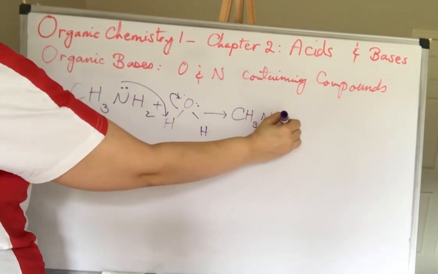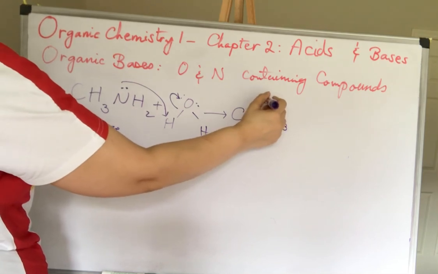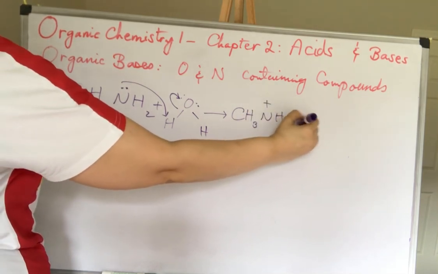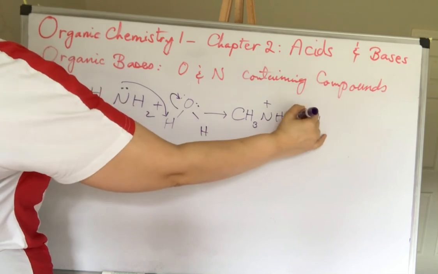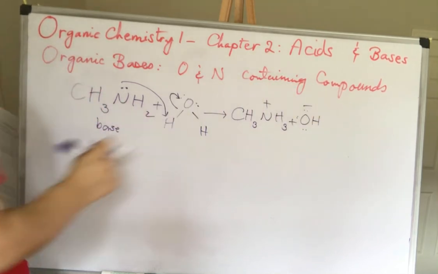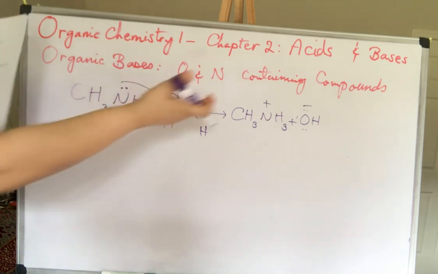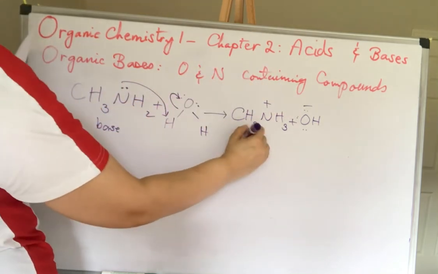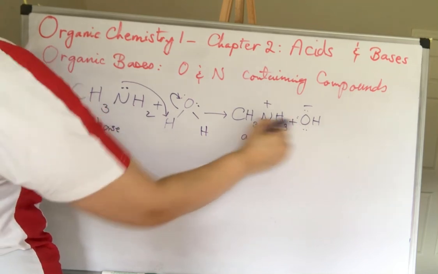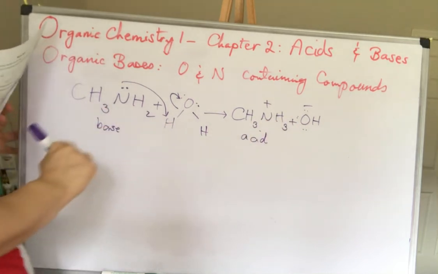Then we have NH3 with a positive charge, and if you're not sure about the charges, you just simply calculate their formal charge. Everything, for the charges you see, is based on calculation of formal charges. So we have acid and base.